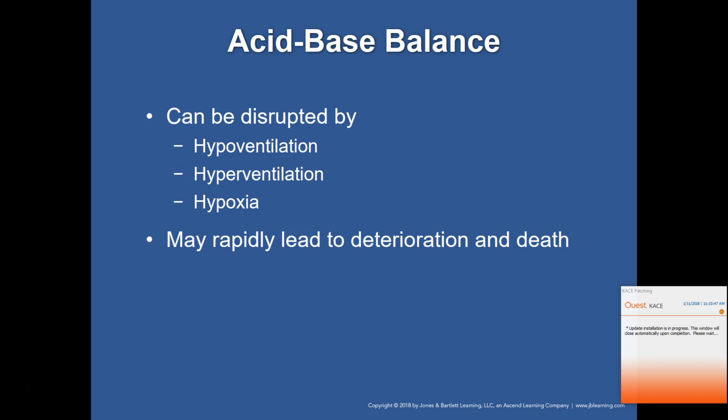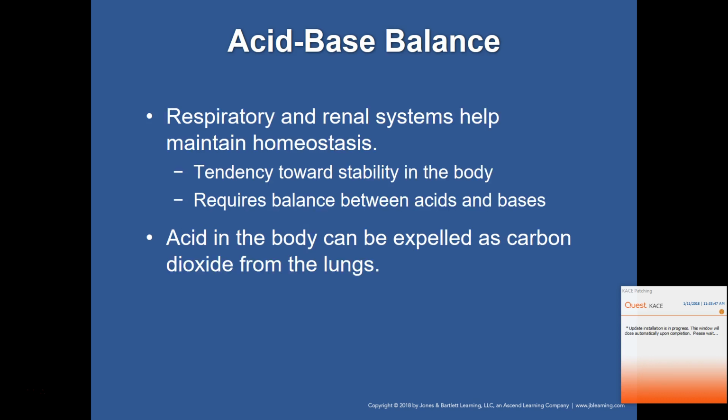Also realize that the majority of CO2 is actually transported within the body in bicarbonate. Once again, that's something that we'll discuss in more detail in a later chapter. So the respiratory and renal systems help maintain a balance of this by getting rid of CO2. Or with the renal system, it actually helps to get rid of hydrogen ions, but that system is quite a bit slower to react.